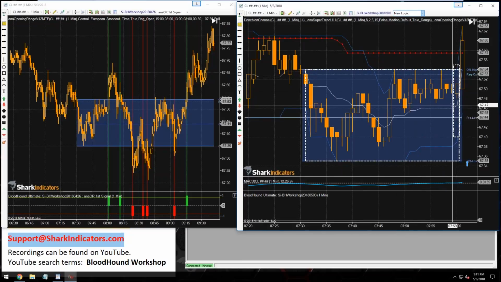We're going to have to allow BloodHound to generate a signal one minute or one bar prior to the range period ending, so that BlackBird has time to place its entry orders.